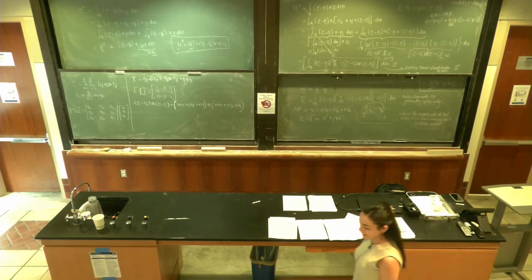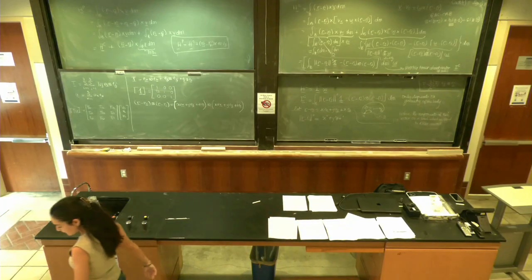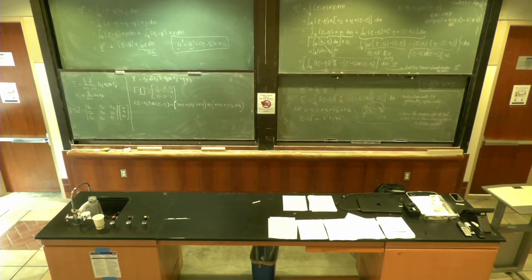I'm going to pass by and check. Yeah, so you're going to get 9 terms out of this because the e_x is going to bond with the 3, e_y is going to bond with the 3, e_z is going to bond.